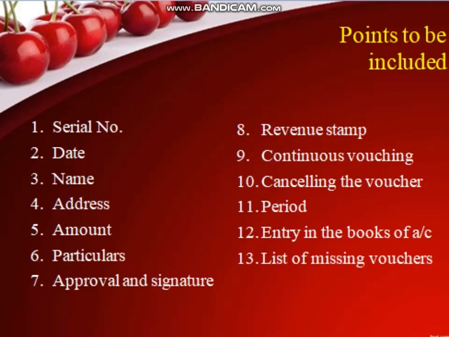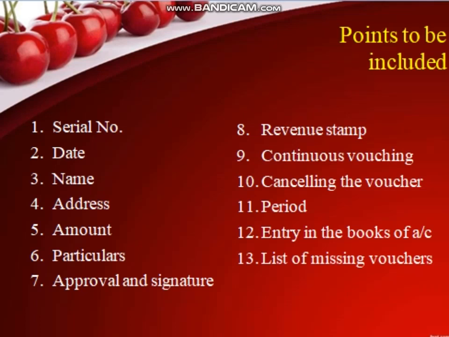Some other aspects included in vouching are the serial number, date, name, address, amount, particulars, approval and signature, revenue stamp, continuous vouching, cancellation of the voucher, period of the voucher, entry in the books of accounts, and list of missing vouchers.